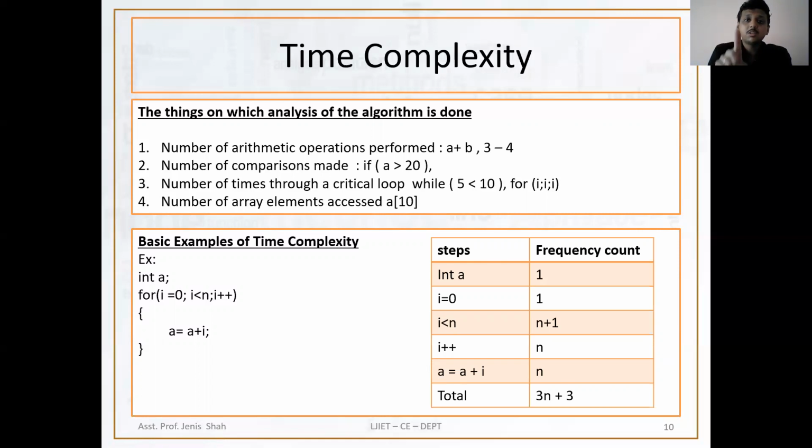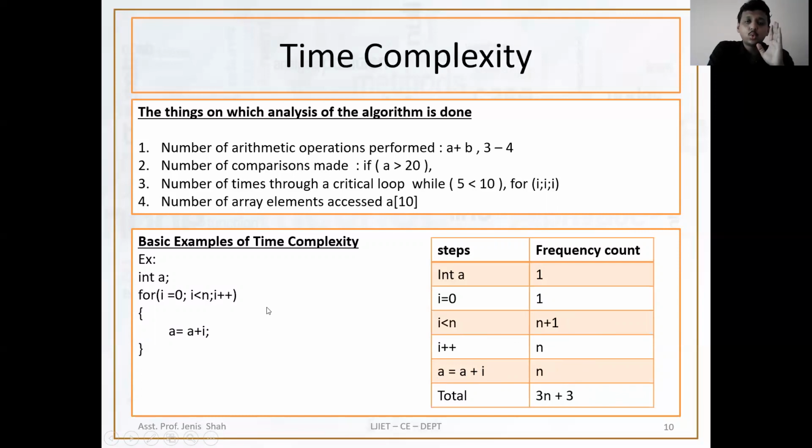That means the statement will be executed n plus 1 times: n times for the true conditions and plus 1 time for the false condition. That's why i less than n will be executed n plus 1 times, i plus plus for n times, and a is equal to a plus i for n times. Under the for loop, the statement will be executed n times.